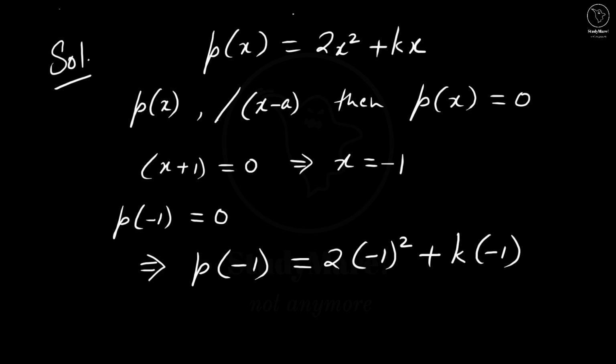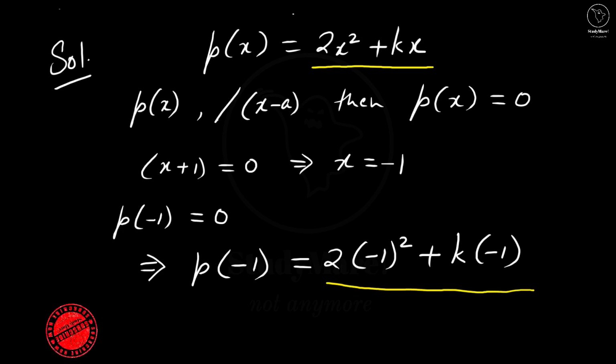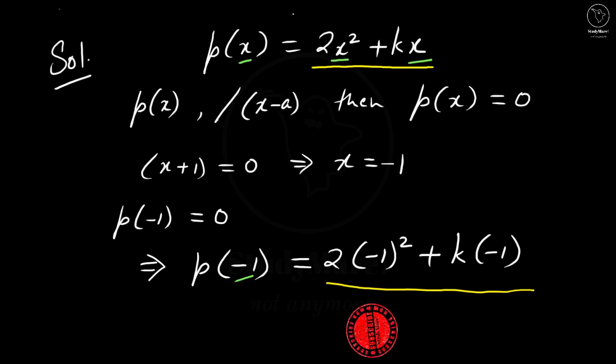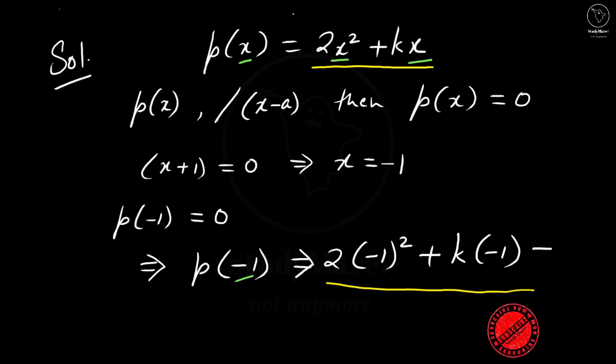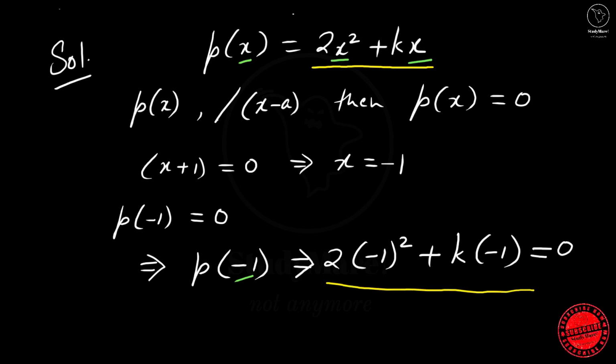What we have done? We have simply taken this polynomial with the value of x as minus 1 substituted wherever we had x. And as per the remainder theorem, this must be equal to 0.